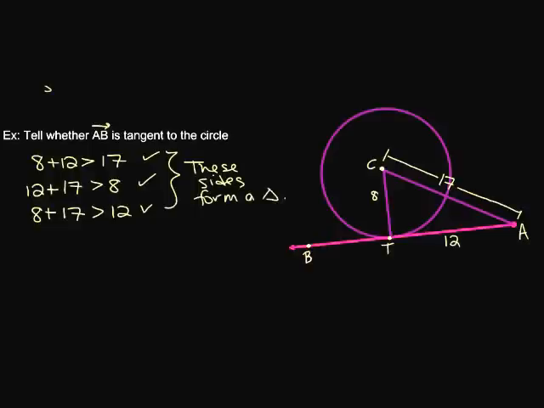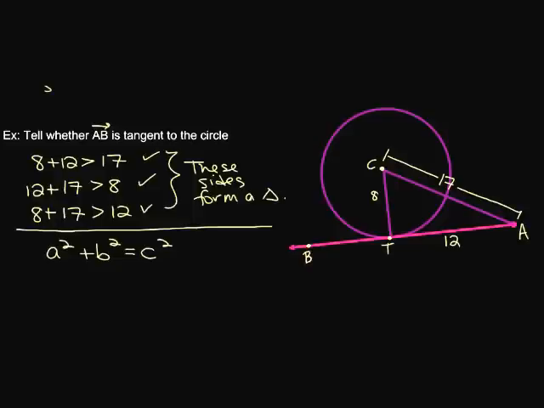Now the next thing we want to do is see if these sides will actually form a right triangle. We can do that by plugging into the Pythagorean theorem, and if it checks, then indeed we have a right triangle. If it is a right triangle, that means that our hot pink ray AB would be perpendicular to our radius CT.